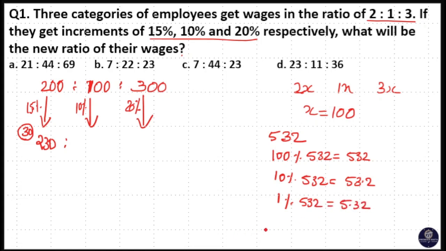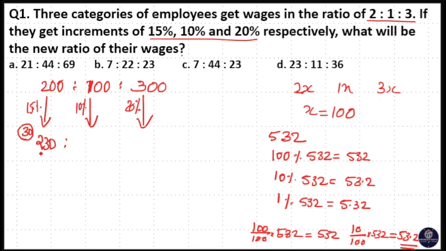How to calculate it? 100% means 100 by 100 of 532, which is 532. 10% means 10 by 100 into 532, that is 53.2.